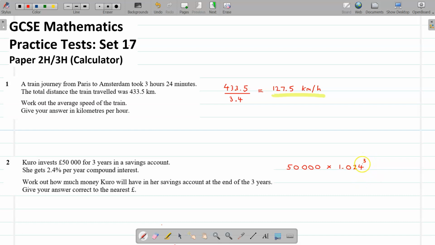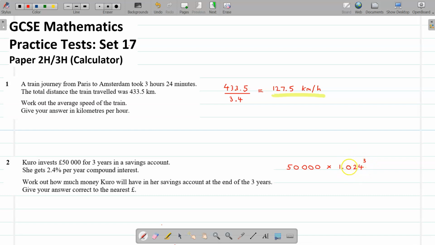Okay, and that's because if you increase something by 2.4%, you have 102.4% of it, which is 1.024 as a multiplier.